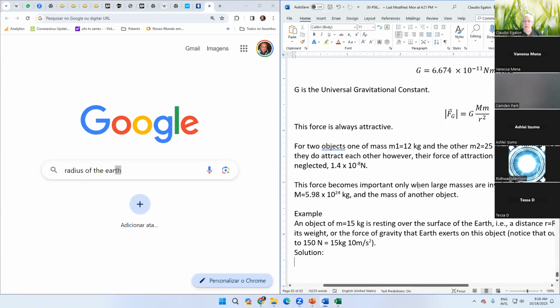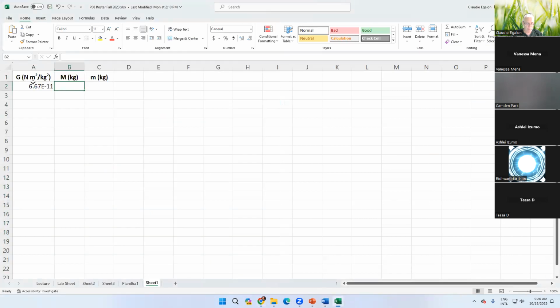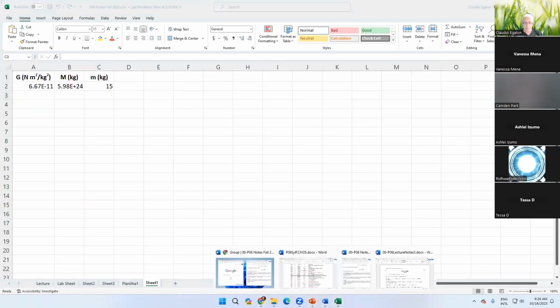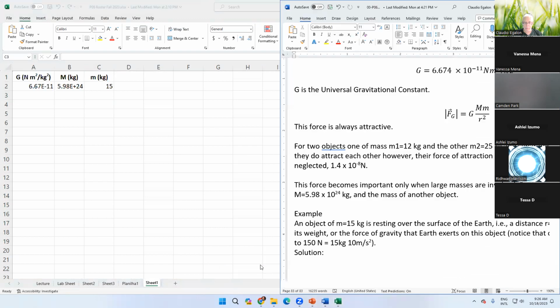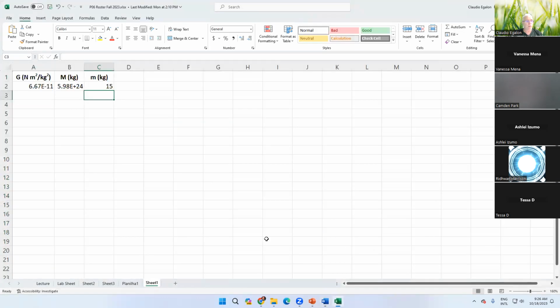Mass of the Earth is 5.98 times 10 to 24 kilograms.